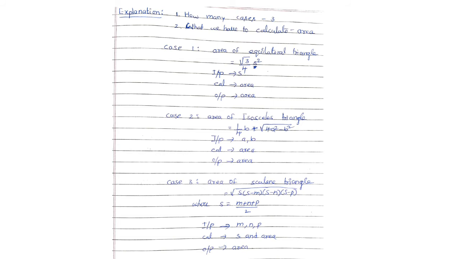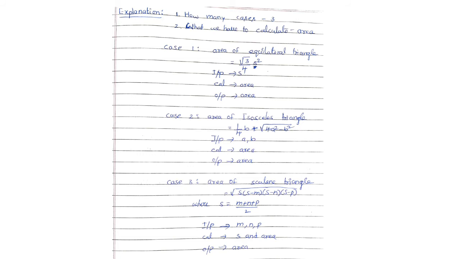Now come to the third case. Here what we have to calculate? We have to calculate the area of the scalene triangle, and the formula is the square root of s into s minus m, s minus n, s minus p, where s is equal to (m plus n plus p) by 2.